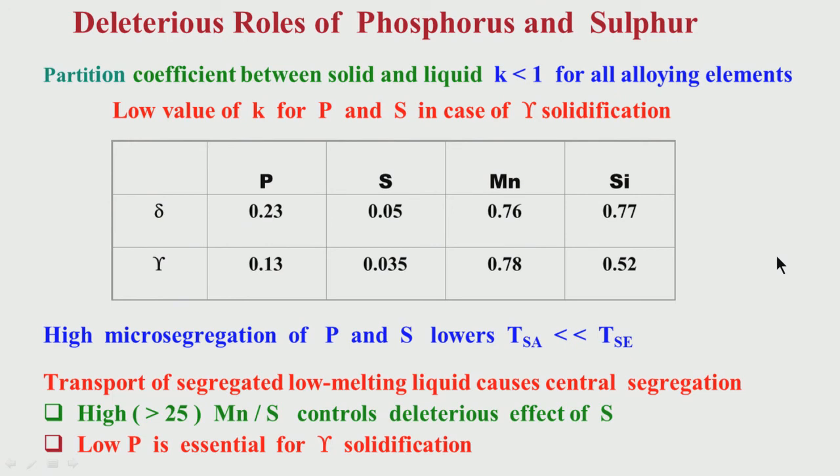So, what is the consequence of this? The relative depth of the mushy zone is more and the thickness of the solid shell is less during the process of solidification. So, the strength of the strand will be less because we have more liquid and less solid. So, the consequence of microsegregation is twofold.